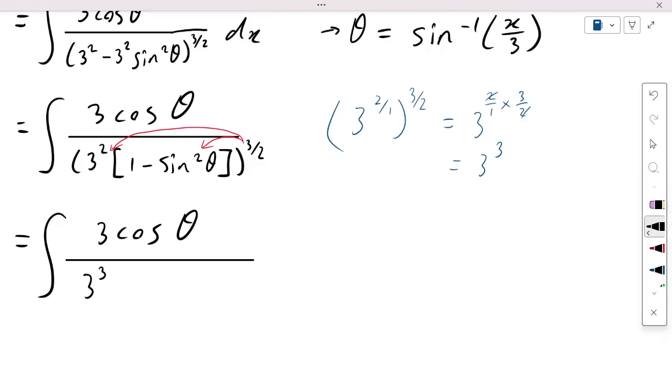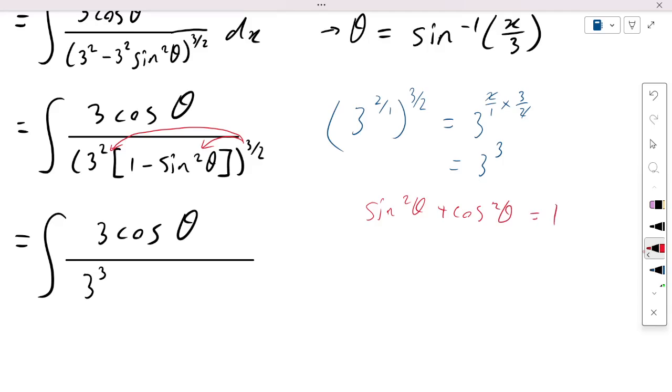Alright, now we just need to do something else. Okay, so what else are we going to do? Now, this 1 minus sine squared theta can also be written as cosine squared theta. According to our identities, sine squared theta plus cosine squared theta is equal to 1.